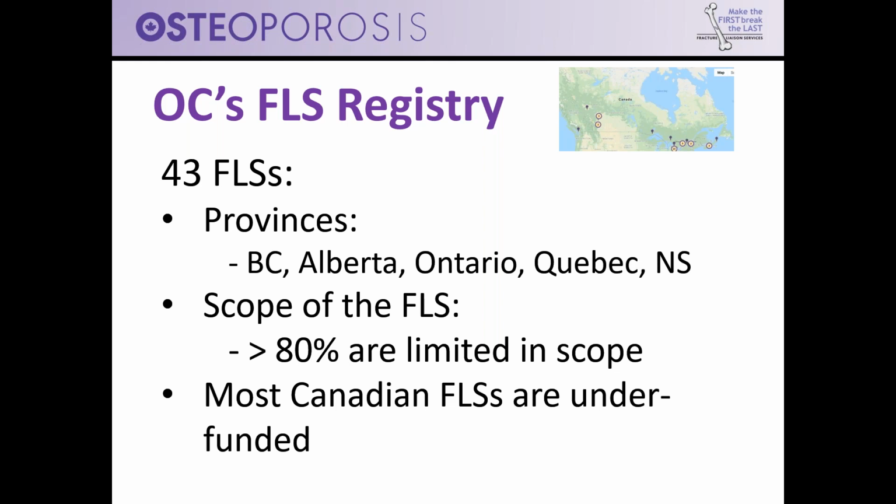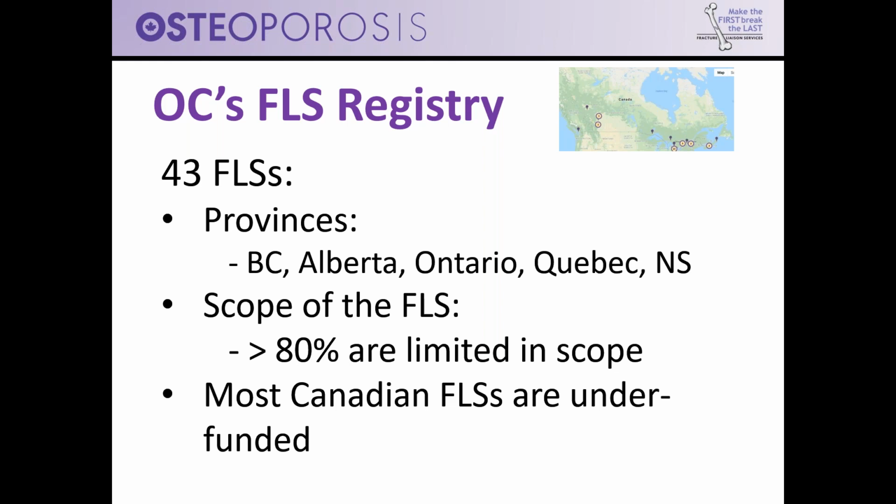In terms of the scope of the FLS, to identify all the patients, an FLS really needs to identify the admitted patients because that's where you find the hip fractures. Not all hip fractures return to the outpatient department. So if you do the systematic and proactive case finding only in the outpatient department, then you're leaving behind a substantial proportion of the hip fracture patients.